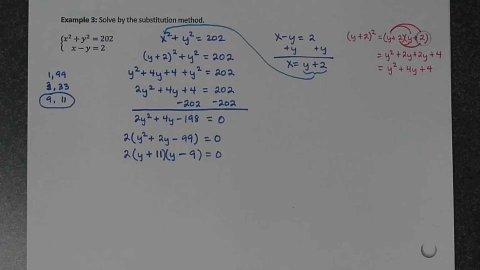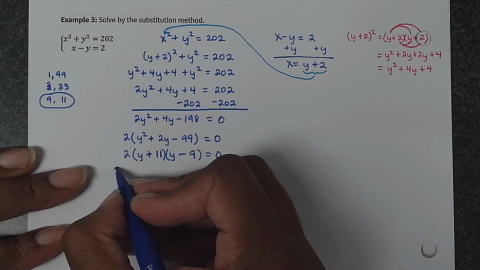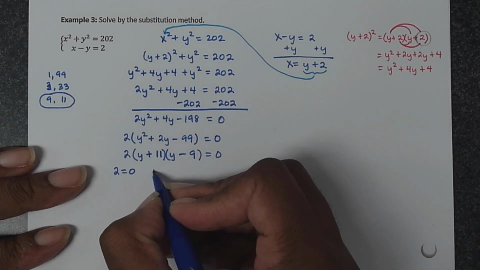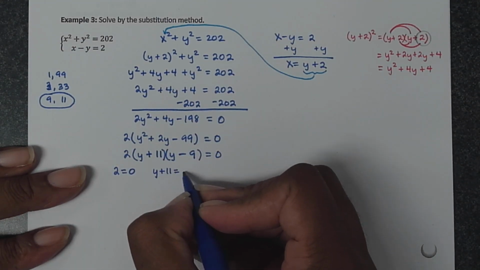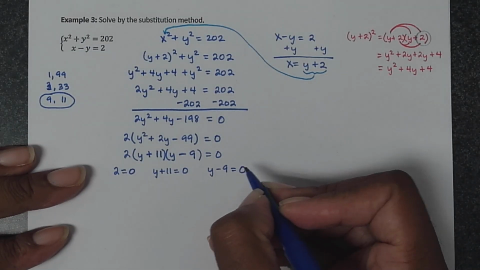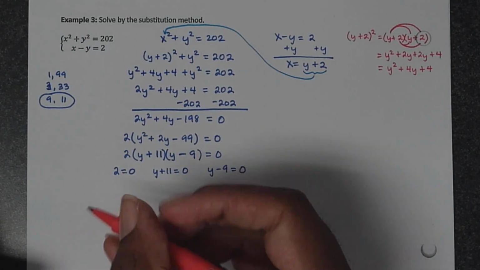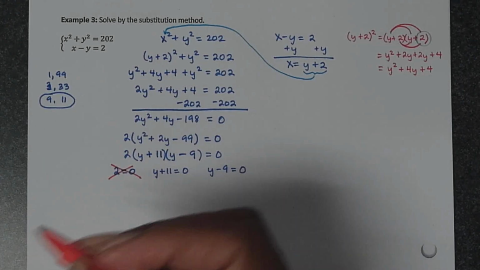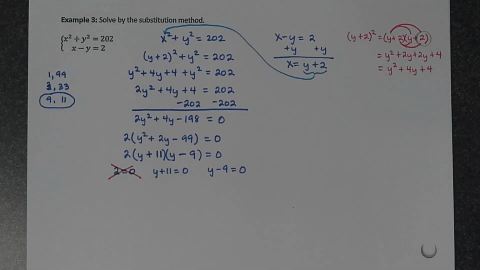So it'll be 2 times the quantity y plus 11 times y minus 9 is equal to 0. And then we set each factor equal to 0. So this means 2 is equal to 0, y plus 11 is equal to 0, y minus 9 is equal to 0. Well, 2 equaling 0 is a false statement. We can eliminate that.